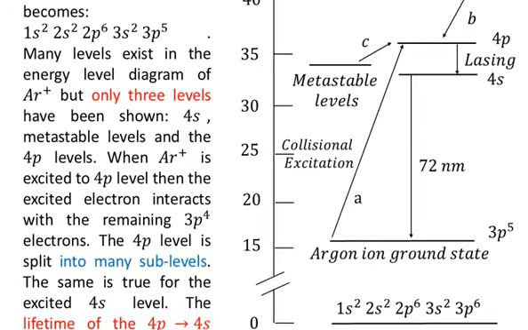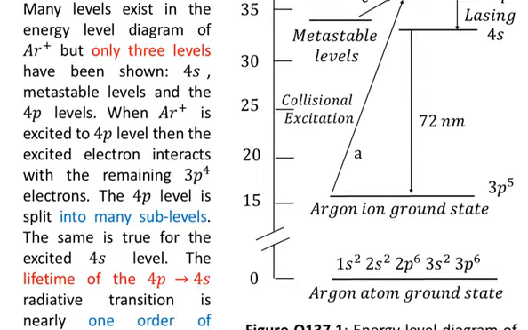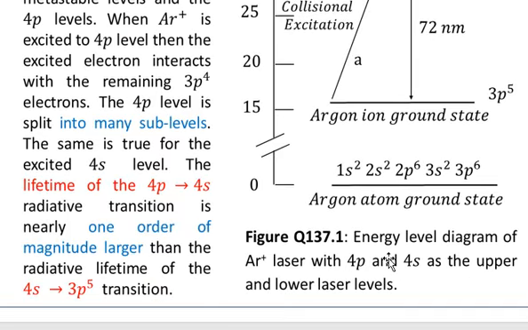And similarly for the 4s levels. The same is true for the excited 4s levels. The lifetime of the 4p to 4s transition, which is the radiative transition, is nearly one order of magnitude larger than the radiative lifetime of the 4s to 3p5 transitions.